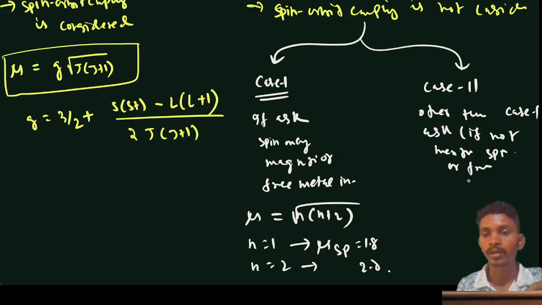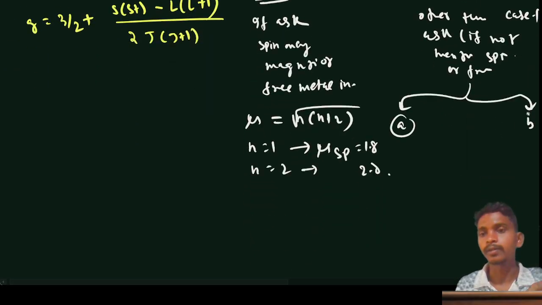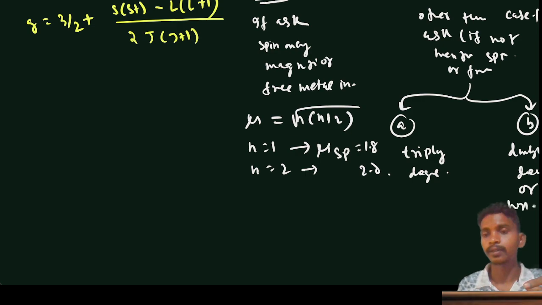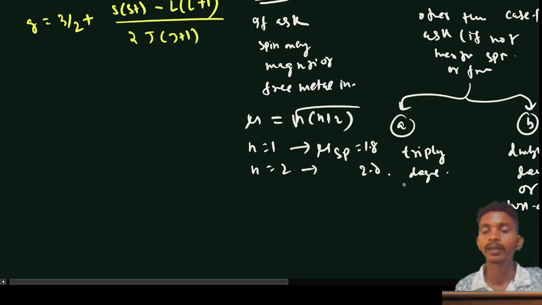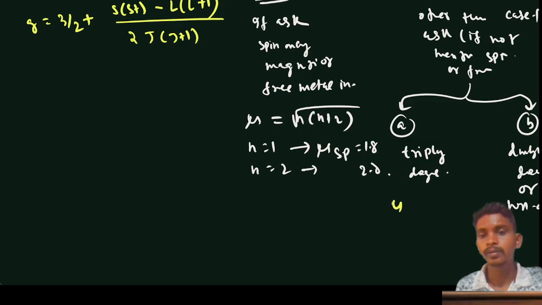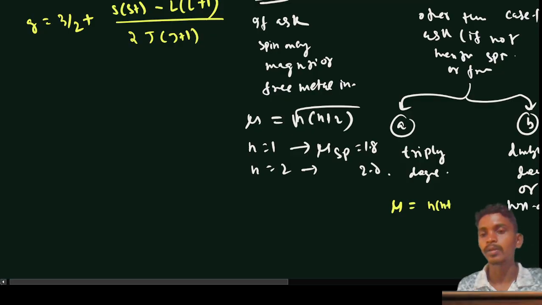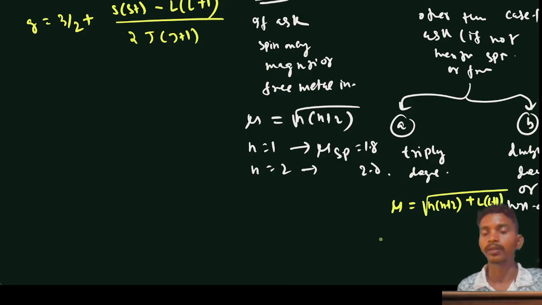Then we will go for two cases, A and B. The first case is triply degenerate, and the other is doubly degenerate or non-degenerate. For the triply degenerate case, orbital contributions will be there, so the magnetic moment will be the square root of [4S(S plus 1) plus L(L plus 1)]. This formula I will use.